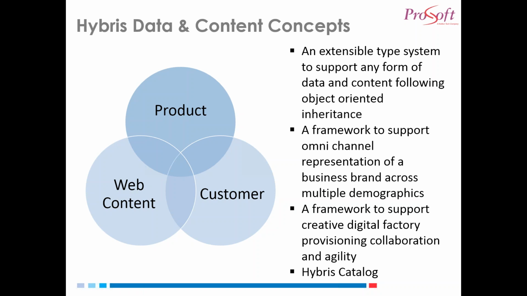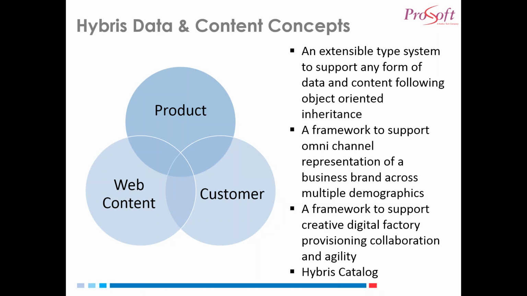So, encapsulating this into the Hybris context, Hybris provides the ability by which a product and a catalog can be captured, so that this data, which is structured around the need of defining a catalog in a very extensible manner, is supported by the Hybris type system, which allows a similar concept of object orientation.